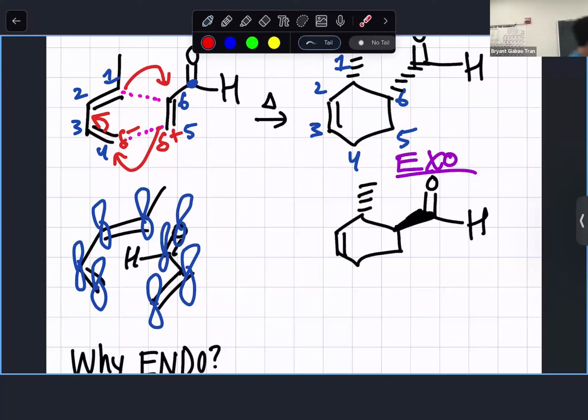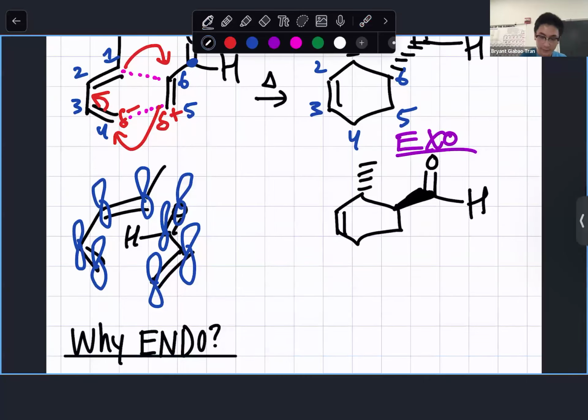So we want the p orbitals to be as close to each other as possible to increase p orbital overlap or resonance, right? If this was facing away, giving us this product here, that would be too far away. They wouldn't overlap.